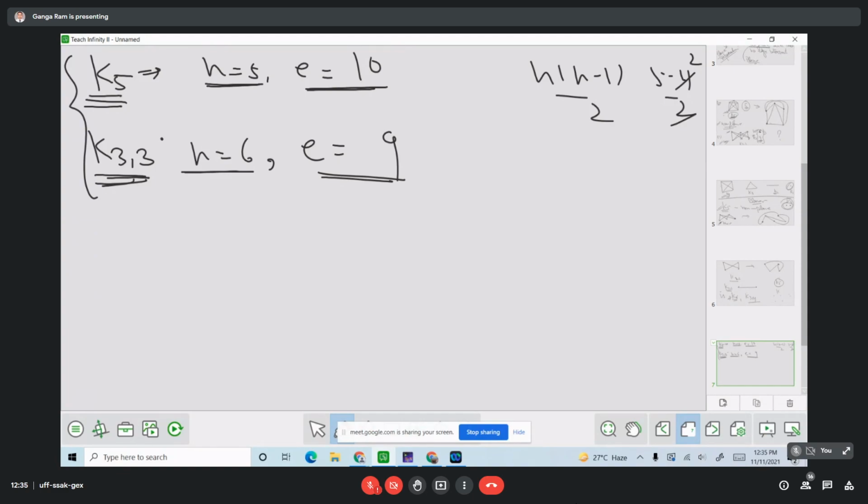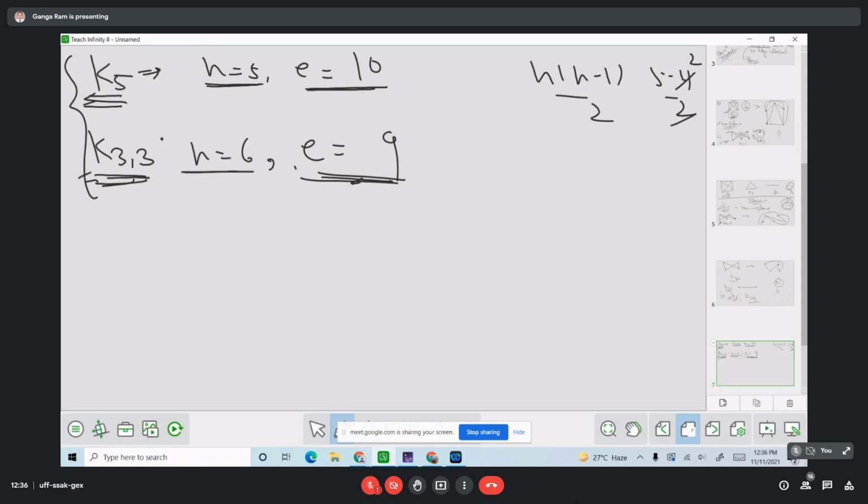If vertices are more than this, it will always be non-planar. Here edges are 9, but in this case edges are 10. In this case the vertex count is 6, but in this case it is 5, so it is the minimum vertex non-planar graph, and in this case it is the minimum edge non-planar graph. Okay, so basically these two graphs are called the Kuratowski graphs.